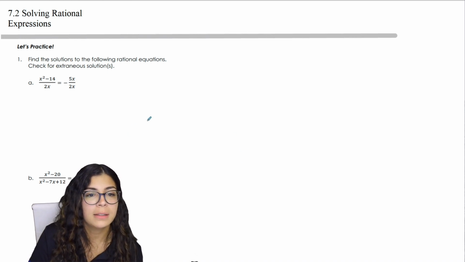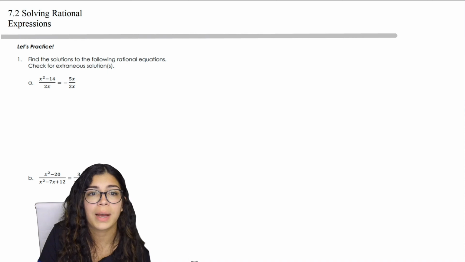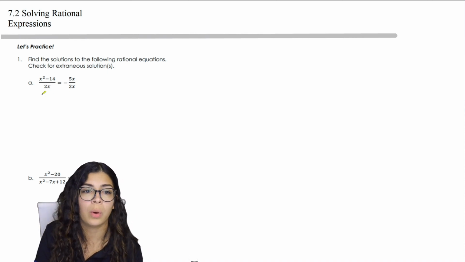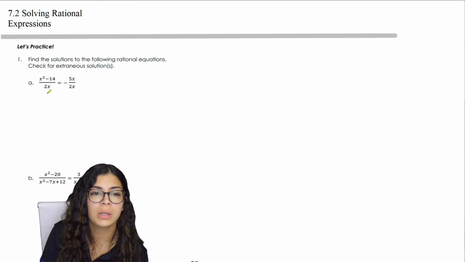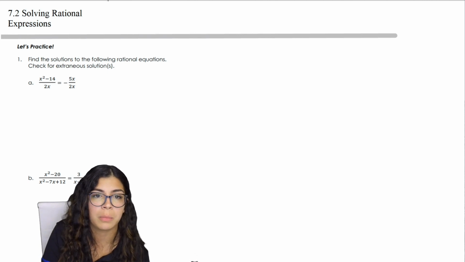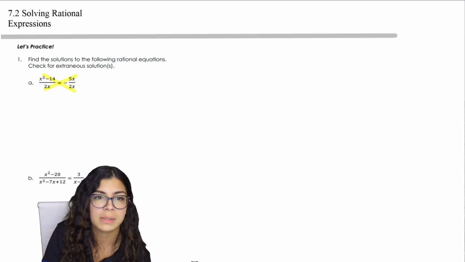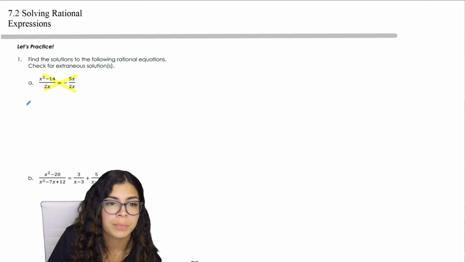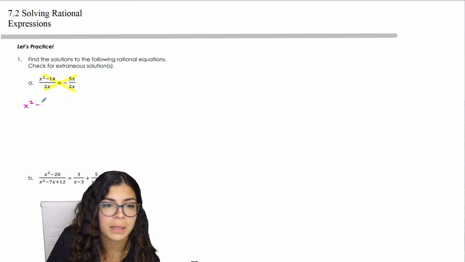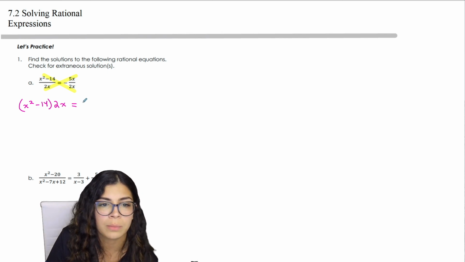So finding the solution, again, when you have just a proportion, right, 1 fraction equal to 1 fraction, go ahead and just cross multiply, right? So bottom times top equals bottom times top. So this will be x squared minus 14 times 2x, and that'll equal 2x times 5x.